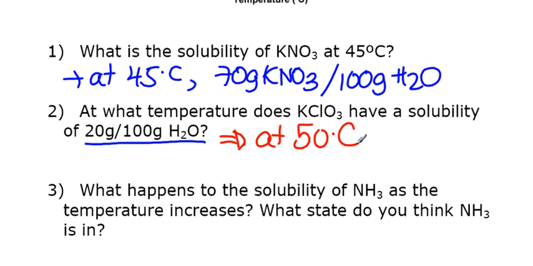Some questions might ask you about the state of a substance or what happens to the solubility of a substance. Question 3 is asking what happens to the solubility of ammonia as the temperature increases, and what state do you think the ammonia is in?